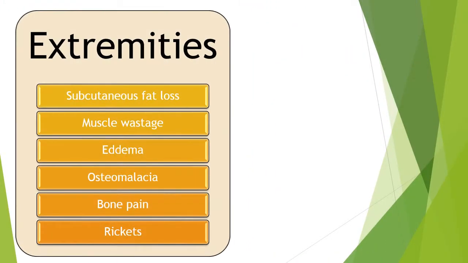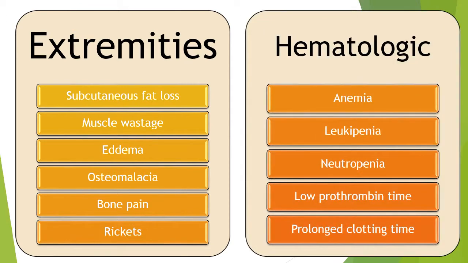Extremity alterations include subcutaneous fat loss, muscle wastage, edema, osteomalacia, bone pain, or rickets. Hematologic alterations include anemia, leukopenia, neutropenia, low prothrombin time, and prolonged clotting time.